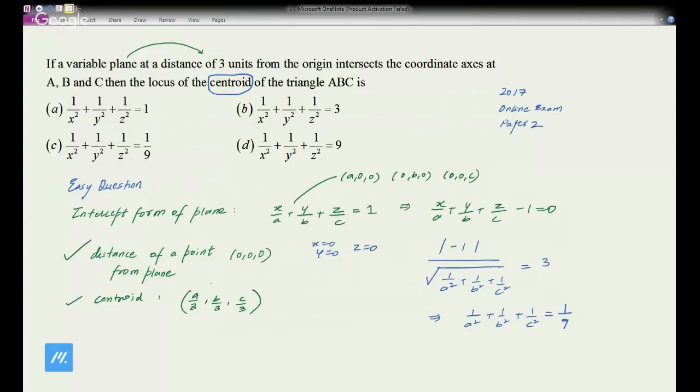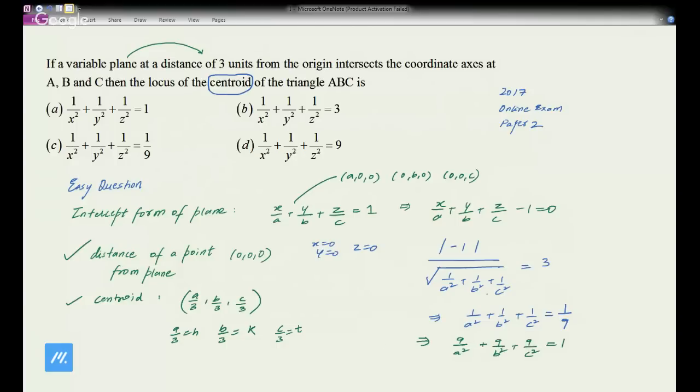Okay, so what will you do? Quickly, guys. Now it becomes very easy because it's a locus-based problem. For locus-based problems, we'll try to put the values here. So a by 3 is equal to h, b by 3 is equal to k, c by 3 is equal to, let's say, t, for example. I'm just teaching you what has to be done, right? So what I could have done is write x by this, 9 by b square plus 9 by c square equal to 1.